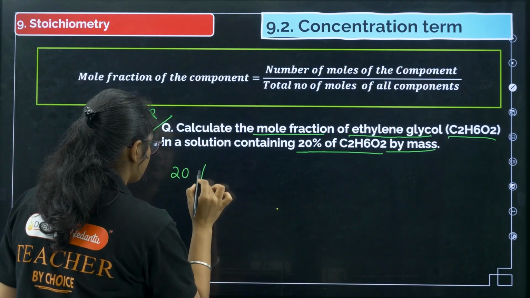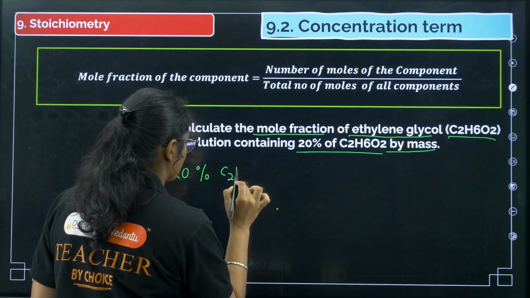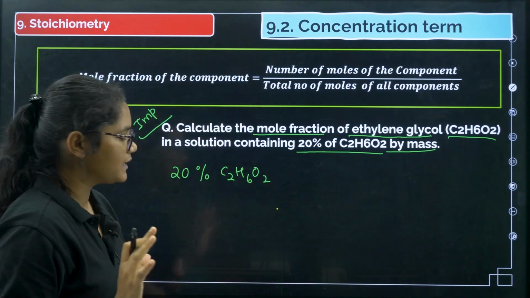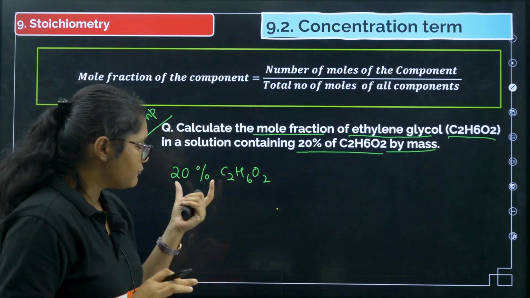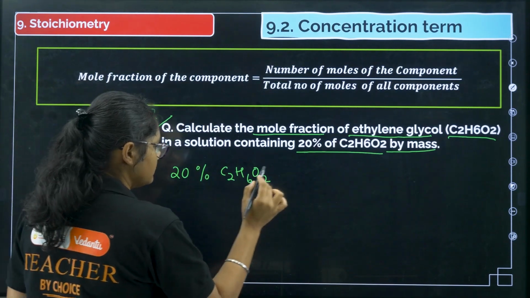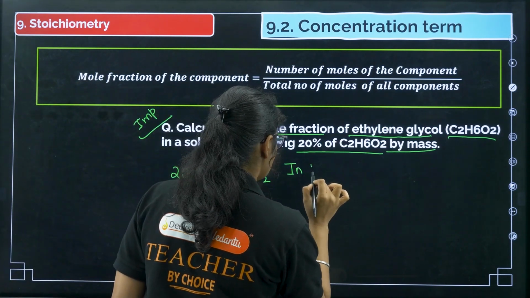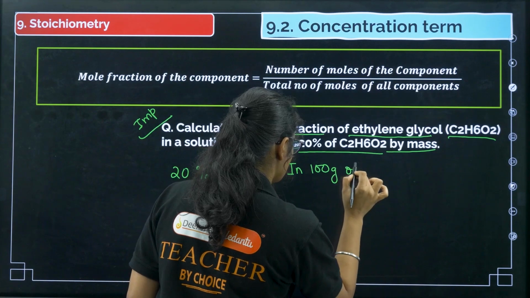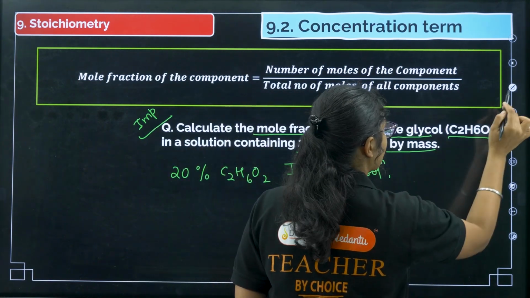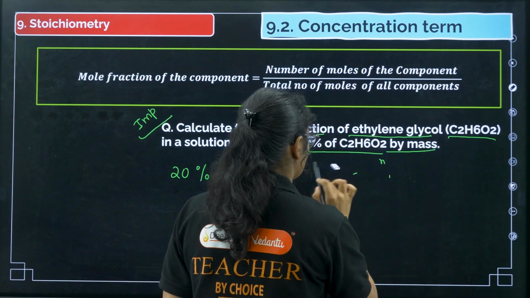20% of ethylene glycol, that is by mass. What do you mean by this 20%? That means in 100 gram of solution. I'll draw it in diagram way, that will be more clear.